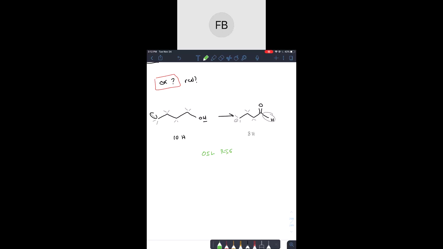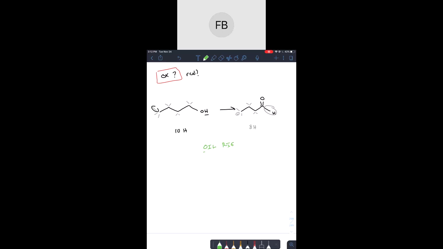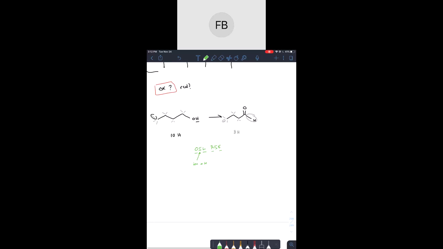So you can just think oxidation is a loss, and just replace the word electrons with hydrogens. So it's a loss of hydrogens. Reduction is a gain of hydrogens. So oxidation is the loss of hydrogens, which here we lost 2 hydrogens, so that's oxidation.